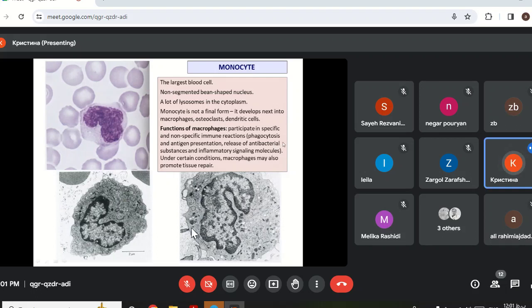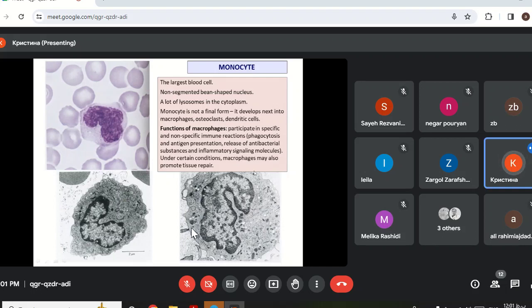Also, macrophages can release antibacterial substances and inflammatory signaling molecules to activate other leukocytes during inflammation, and they can promote tissue repair.